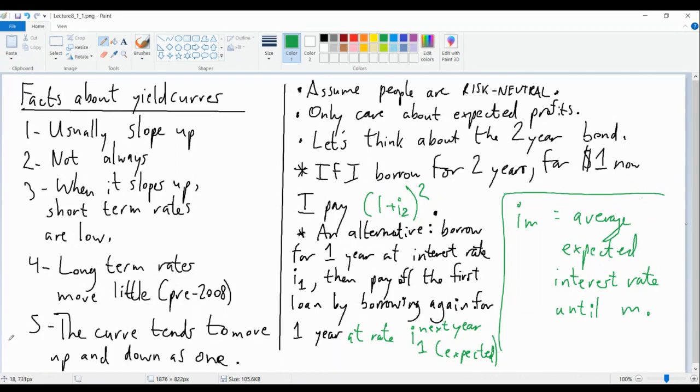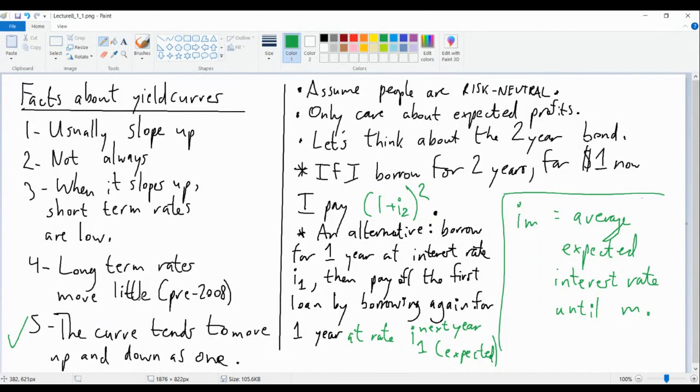So this is consistent with the curve tending to move together as one, because each bond of maturity M includes as its inputs things that affected the bonds of maturity M-1, M-2, and so on. So that works.